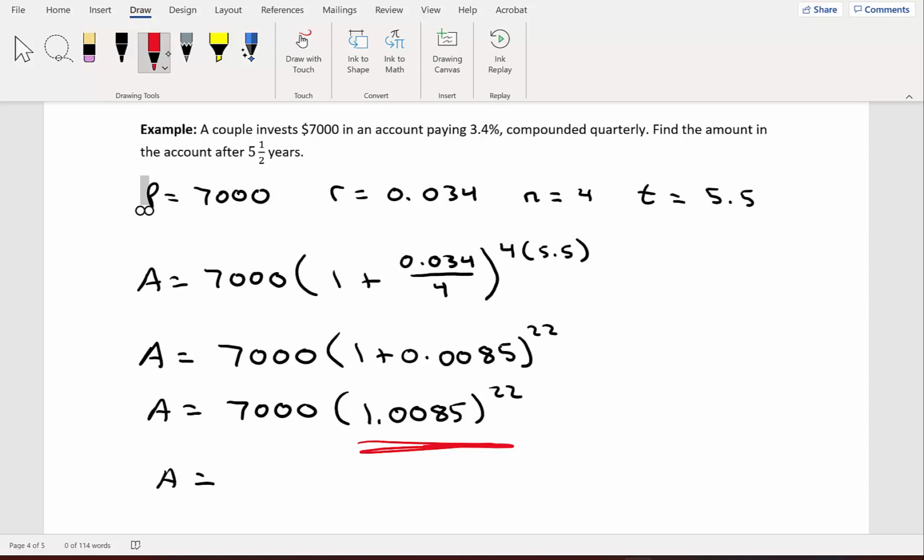Leave that answer in your calculator, hit multiplication, and then multiply it by 7,000. Now we get the amount after 5.5 years, $8,432. Whenever we're dealing with money, you round to 2 decimal places, so we have $8,432.72. This is how much will be in the account after 5.5 years.